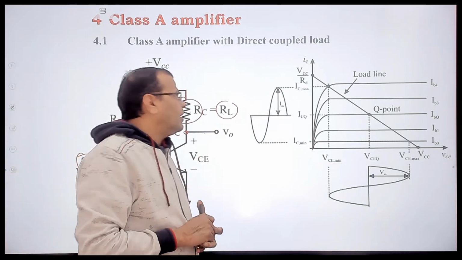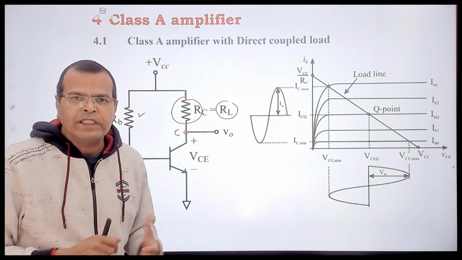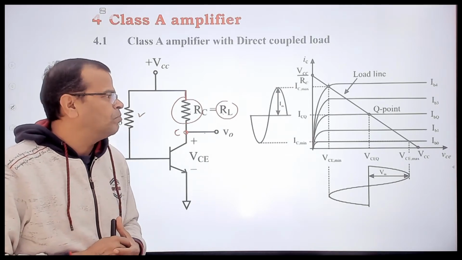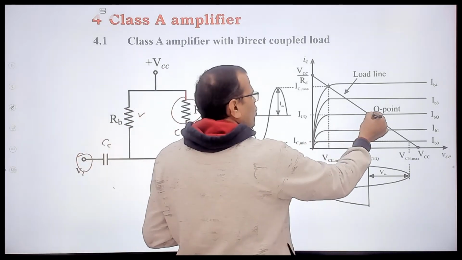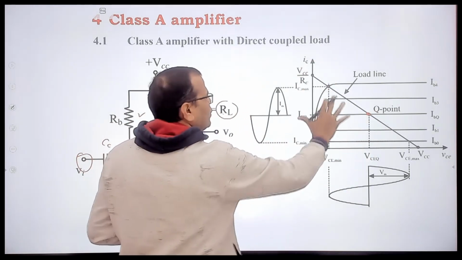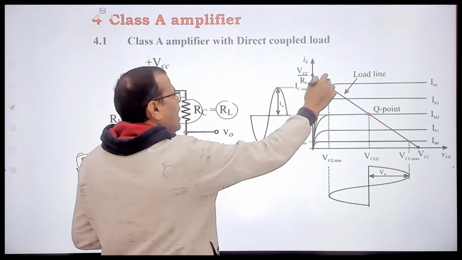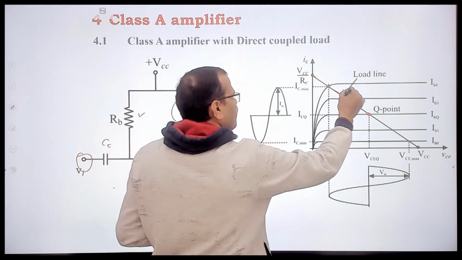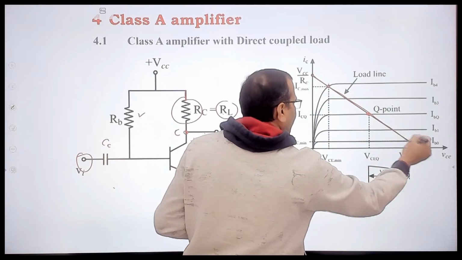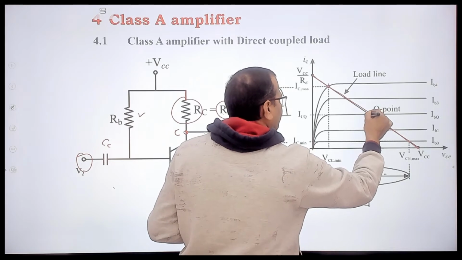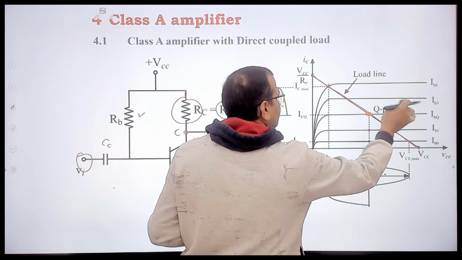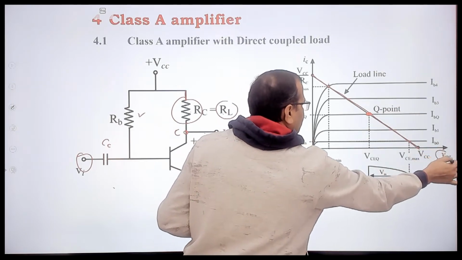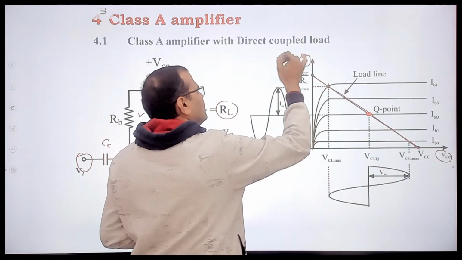So in case of class A amplifier, we have discussed in the previous video, where we have the load point. This is the characteristic of BJT, and this is the load line of the amplifier. The X axis is VCE and the Y axis is IC.